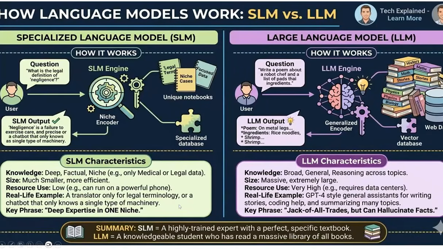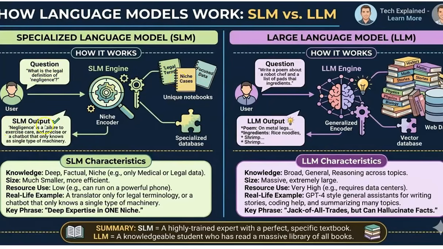This is how it works. You can see here there are some unique notebooks which have legal terms, focused data, niche cases, and the user is asking for the legal definition of negligence. It simply searches its own local model in the database and gives the outcome.